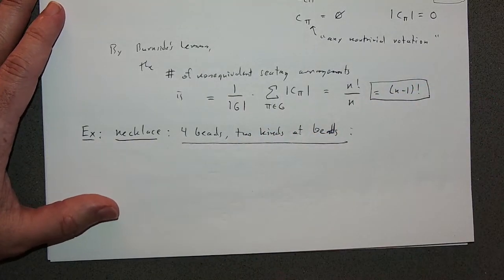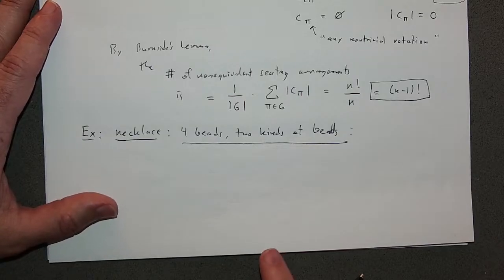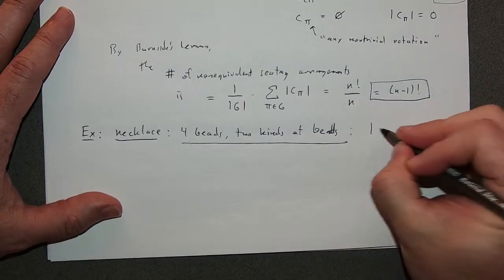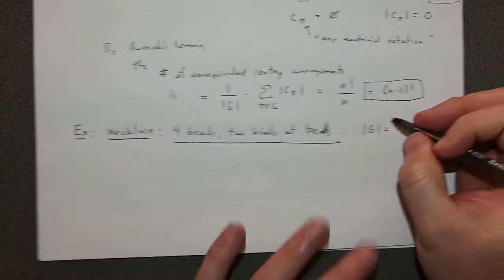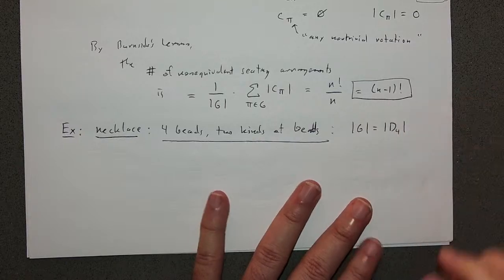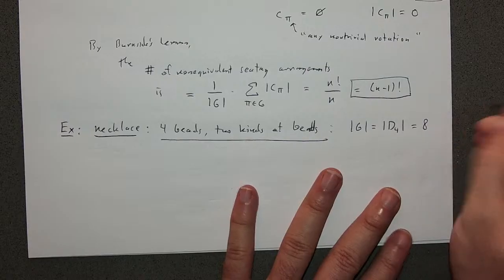So in this case, what is our group? G is the dihedral group on 4 vertices, and its size is 8.